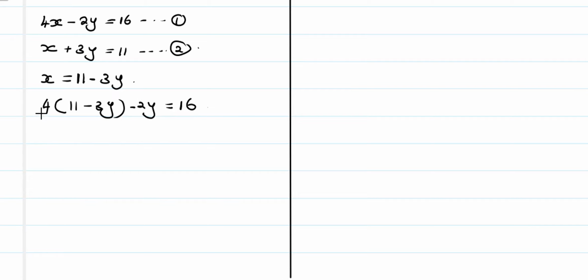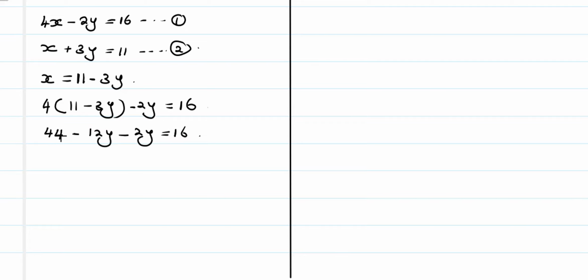Then I can open the brackets: 4 multiplied by 11 is 44, minus 4 multiplied by 3y is 12y, then minus this 2y equals 16.